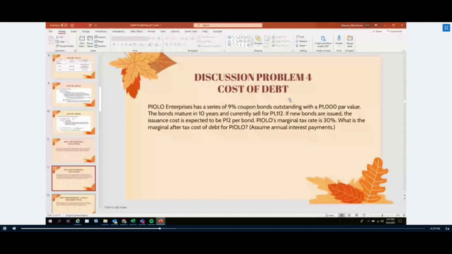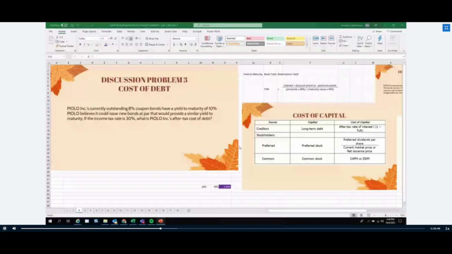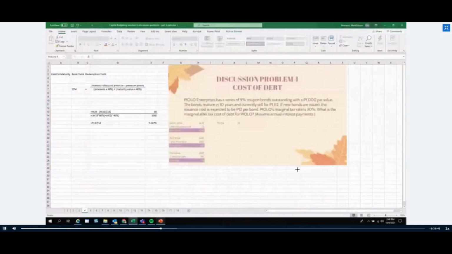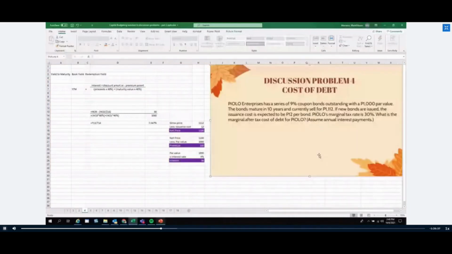If new bonds are issued, the issuance cost is expected to be 12 pesos per bond. Piolo's marginal tax rate is 30%. What is the marginal after-tax cost of debt for Piolo? Sige. Problem number 4. Tandaan, in problem number 4, meron na mga pinag-uusapan na mga issuance cost. So pag-usapan muna natin isa-isa yan.